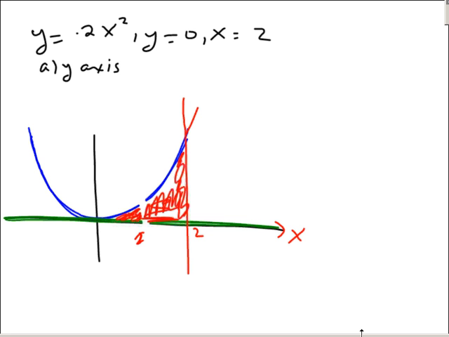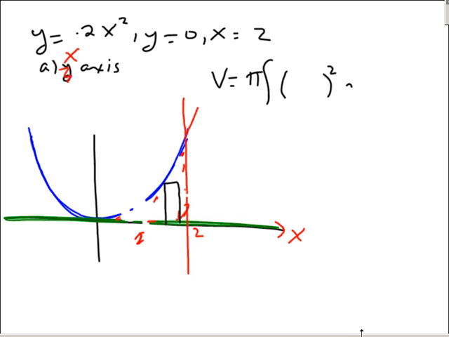In fact, let us first do it around the x-axis. So if we do it around the x-axis, we put a rectangle perpendicular to the x-axis, and the volume is going to be pi times the integral of r squared dx. And x is going from 0 to 2.